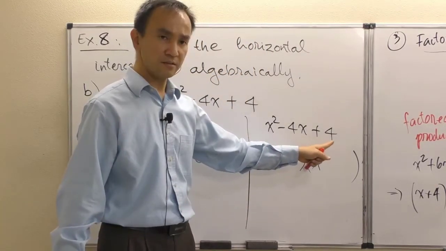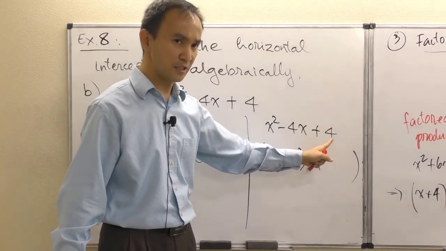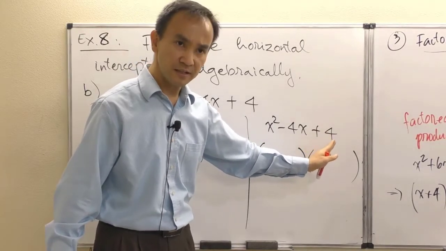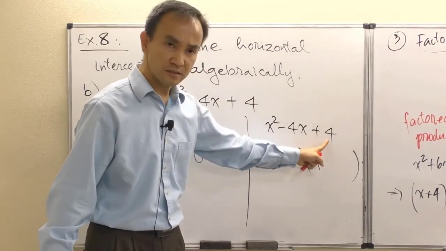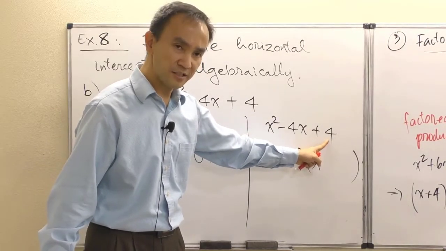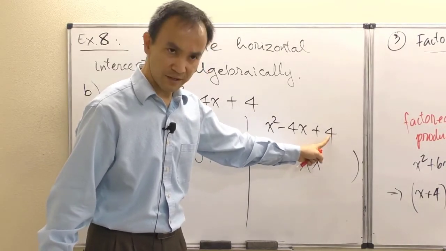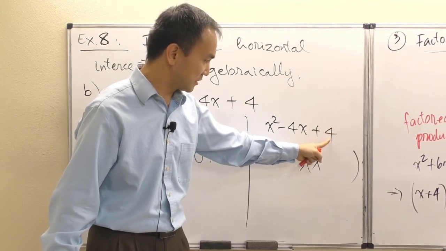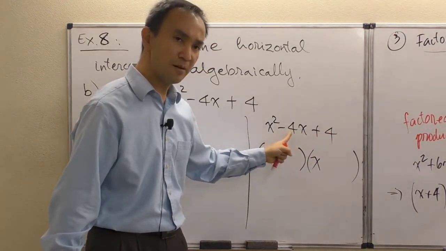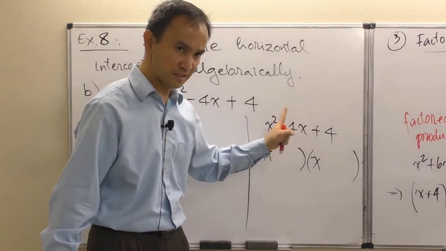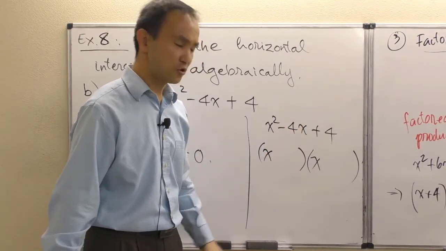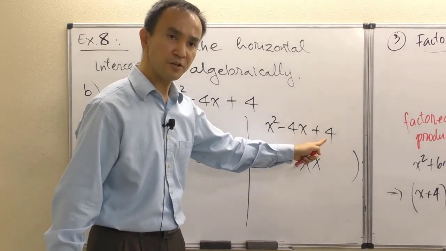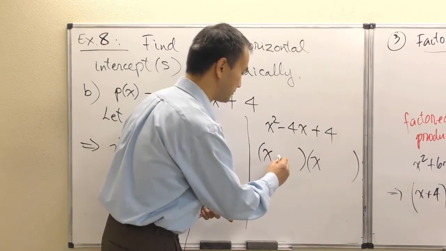Once again, let's look for two factors of the constant term, including signs, that sum to the middle coefficient -4. Those must be -2 and -2.